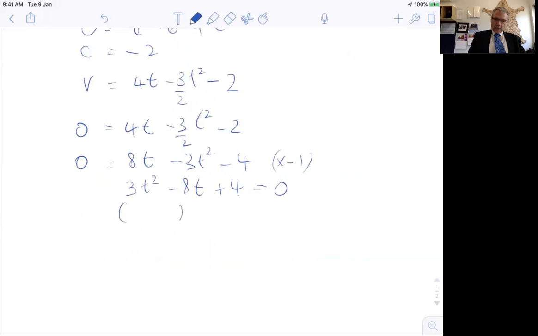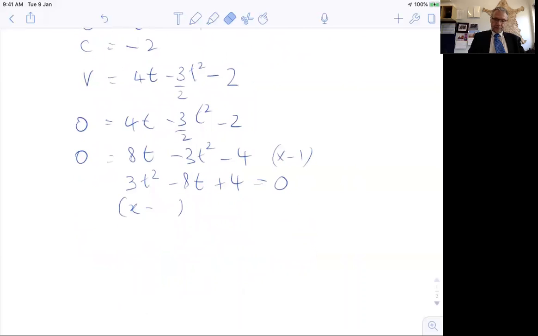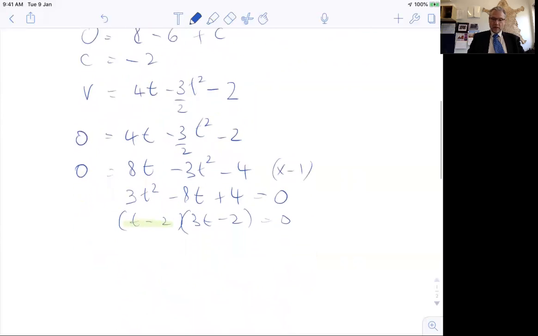Now, we know that we've got a result of t is equal to 2. So I put t minus 2 in here, and then that must also be minus 2. So basically I'm factorizing that. This part here is a clue because of what we've got over here. Again, if you don't get that, it's still possible just to go ahead and factorize.